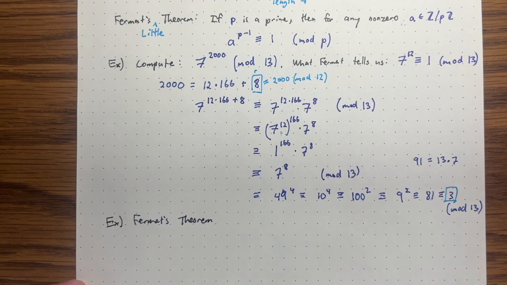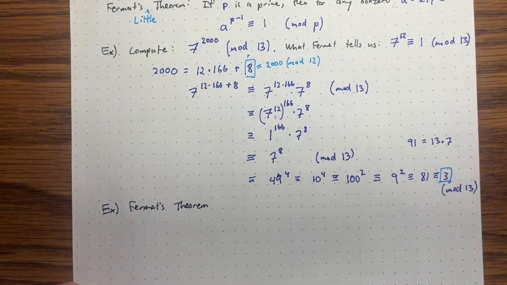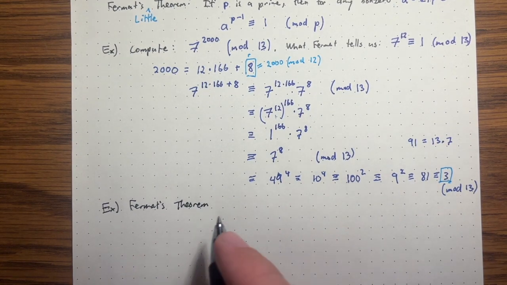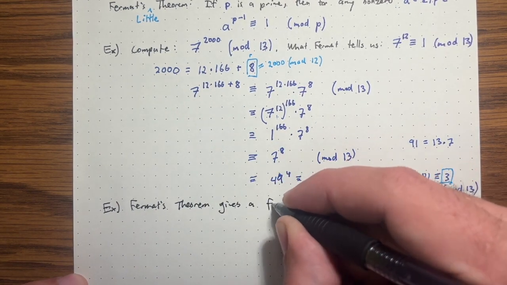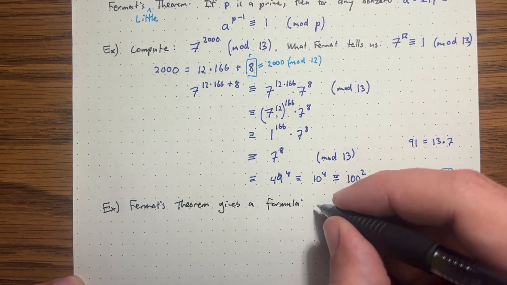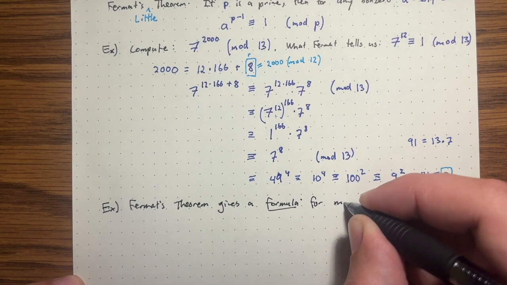We didn't really have a formula for modular inverses. We had a process for computing a modular inverse. Maybe I'll remind you what that is. But Fermat's theorem is actually going to give a formula. It gives formulas for other things too, but it gives a formula for modular inverses.